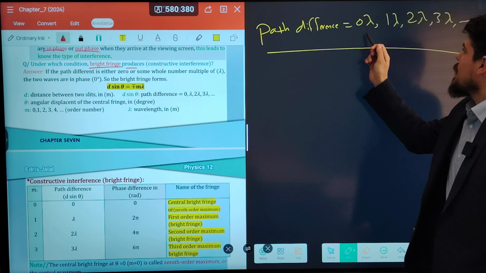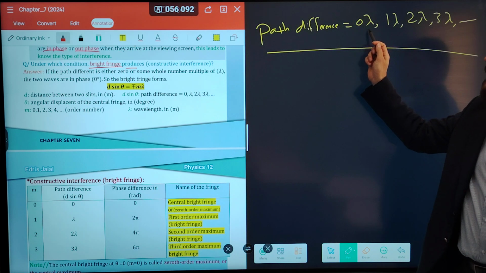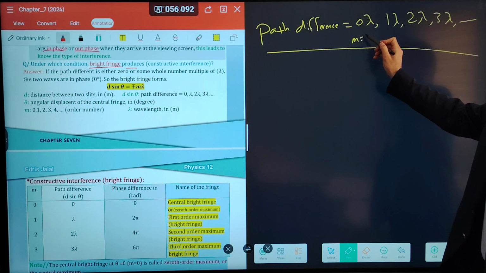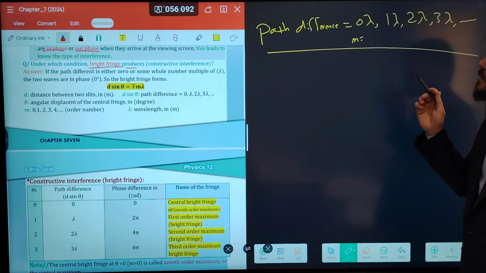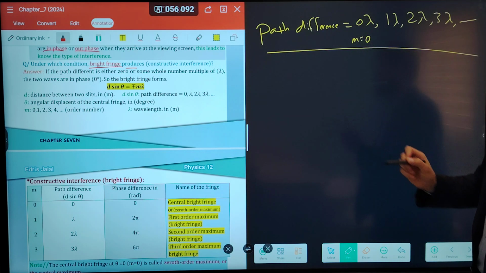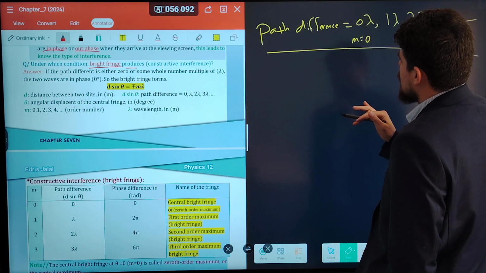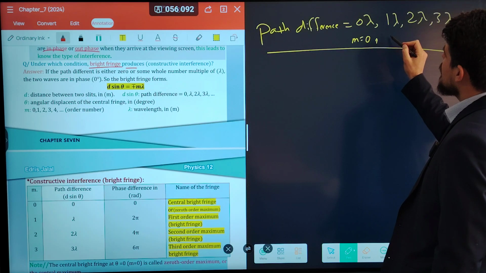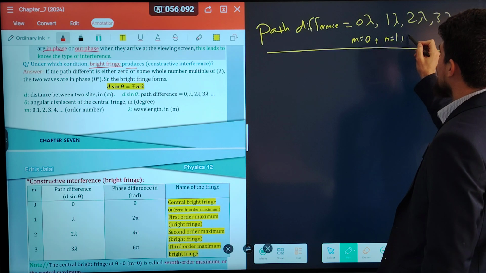Guys, if you remember, we studied that at the middle of the screen the bright fringe appears, which is m equal to 0. When the path difference is equal to 0, the two beams emitted from the two slits travel exactly the same distance. We cannot say this is m1. This is the zero order maximum. But when the path difference is equal to 1 wavelength, the order number is m1.